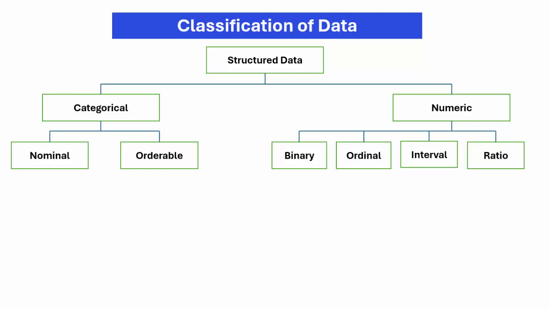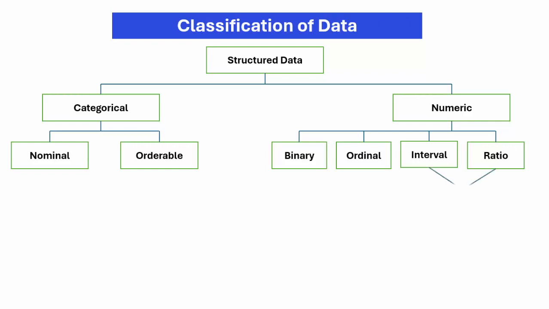Binary is in the form of 0 and 1 only. Interval and ratio is the data like age, income, distance. These are all interval data or the ratio data. There is a difference between interval and ratio data. We will see later about this.